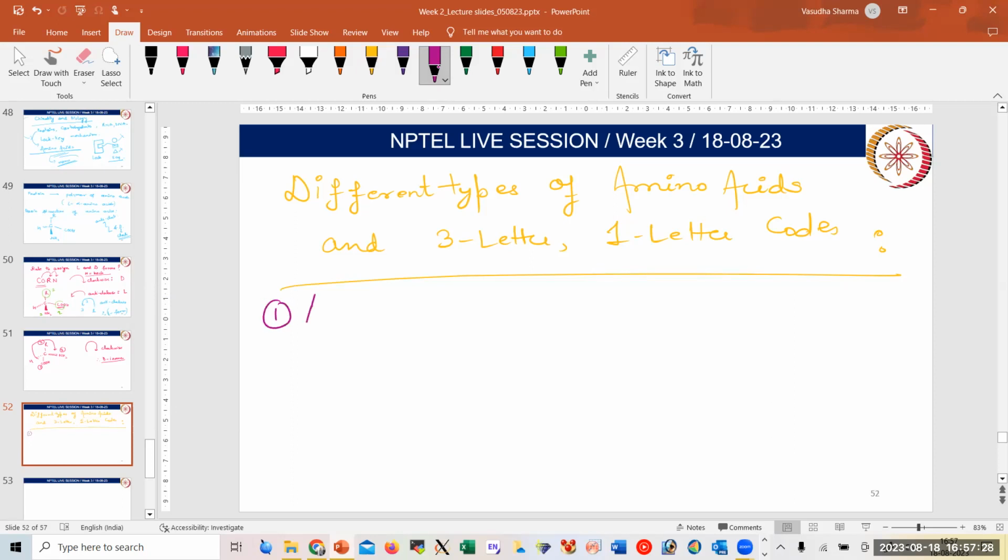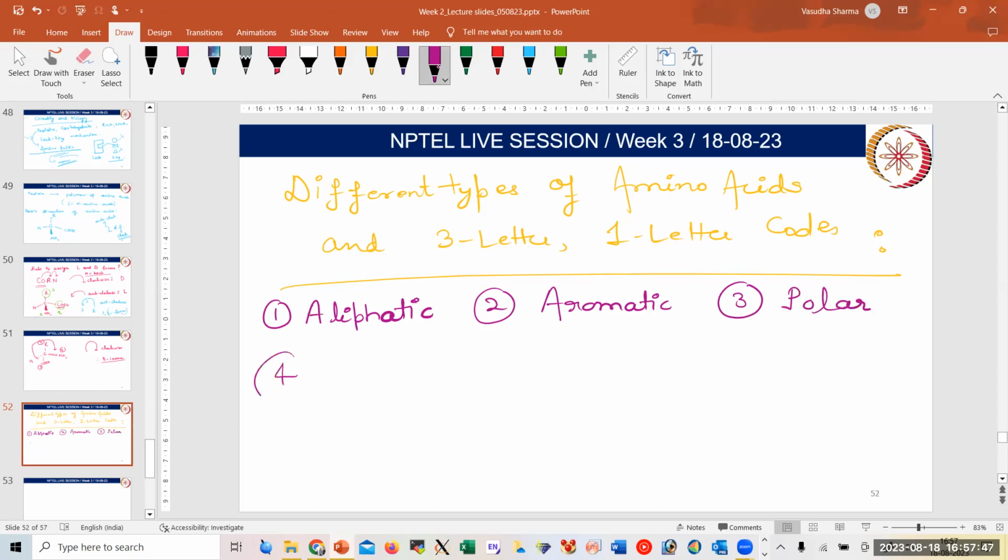One is aliphatic, second one is aromatic, third is polar, fourth one acidic, fifth is basic, sixth is sulfur containing.